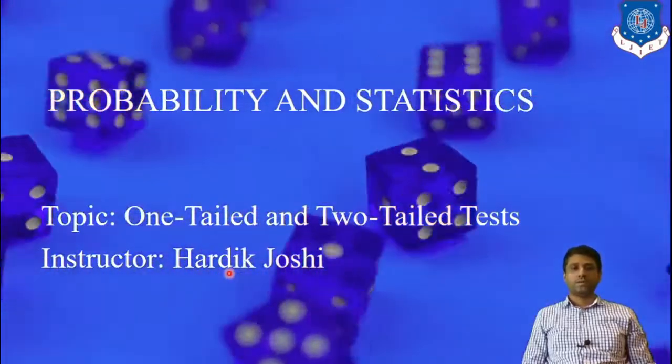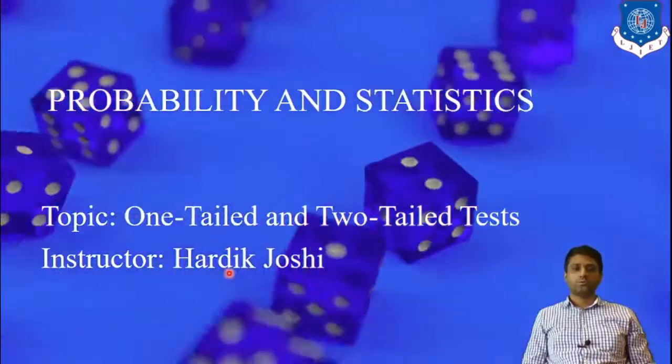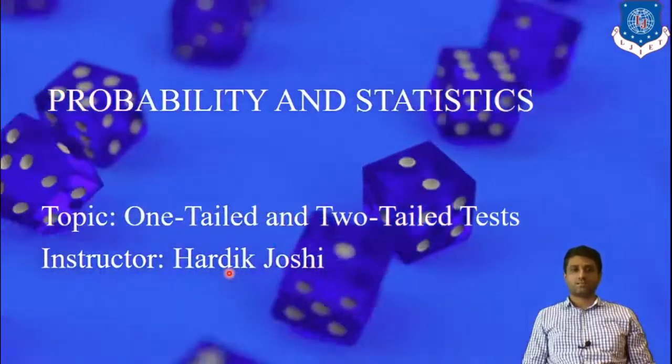Now, in this lecture, we should learn about one-tail and two-tail tests. In our previous lecture, we saw that if our null hypothesis is rejected, there are three cases that arise.